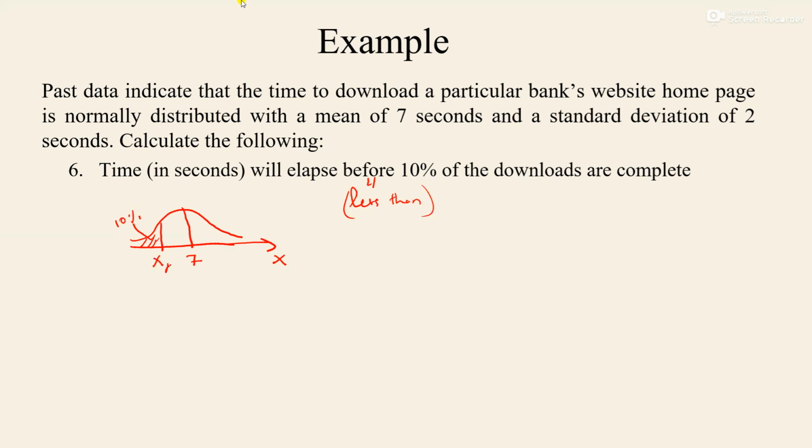X A, where A is equal to 10%, that is 0.1. They gave that probability of X less than XA is equal to 0.1.